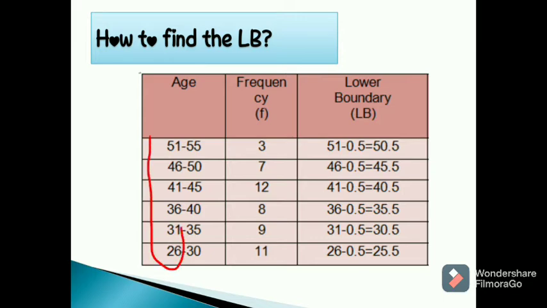So we subtract 0.5, and here is the lower boundary of our class. So for the classes, we have 25.5, 30.5, 35.5, 40.5, 45.5, and 50.5.